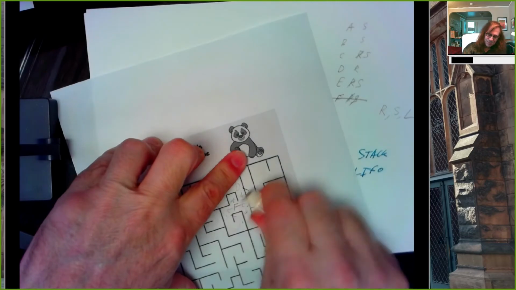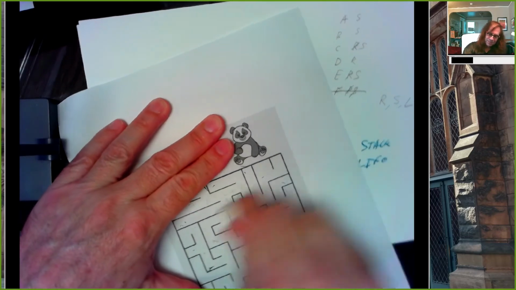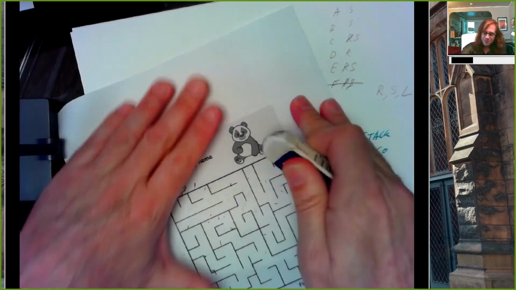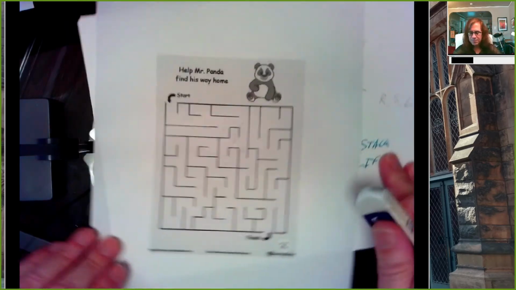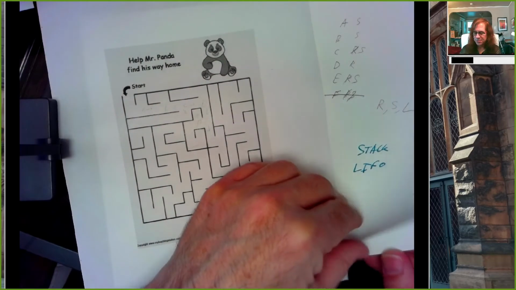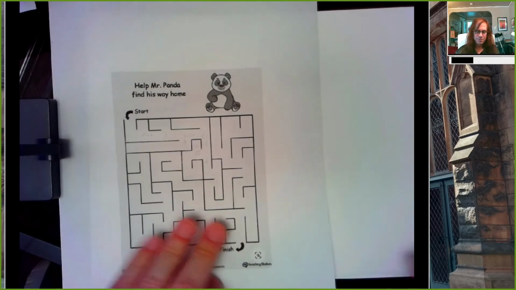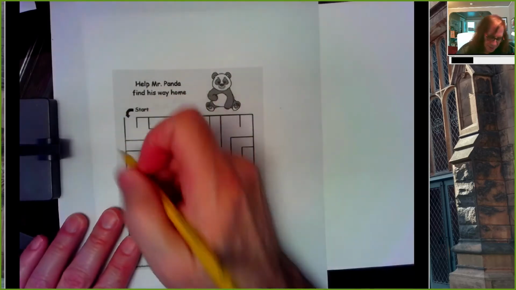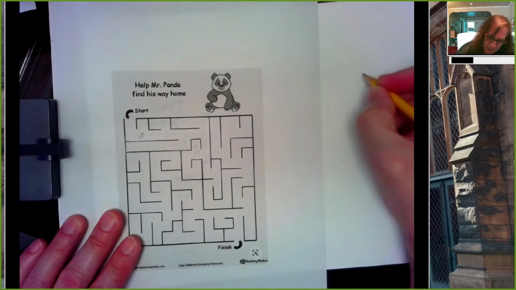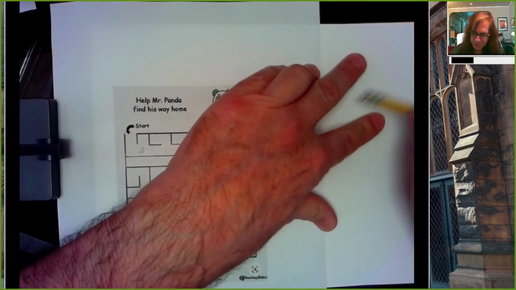We can do this with a queue. It feels kind of awkward, at least to me. But let's try this with a queue-based approach. So we're going to start here. We're going to come to a decision point A. Let me put it over here.